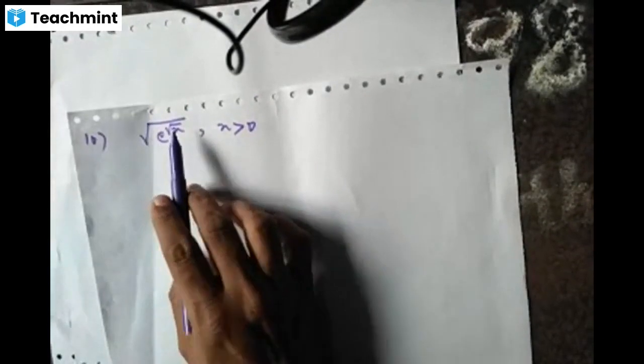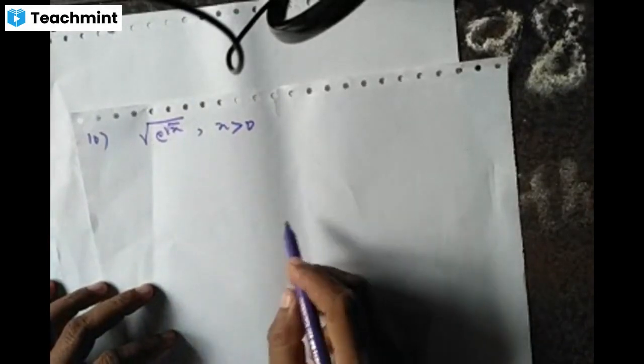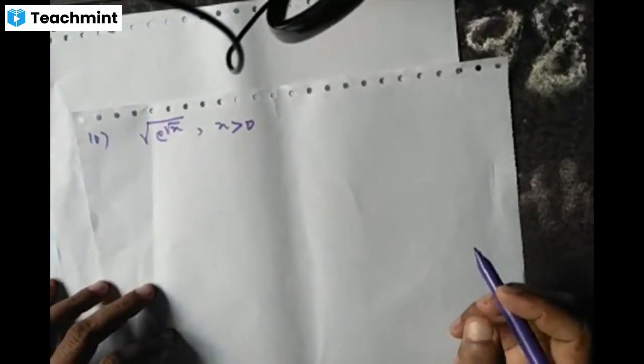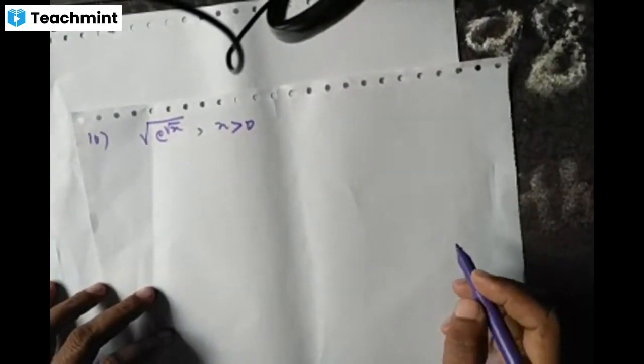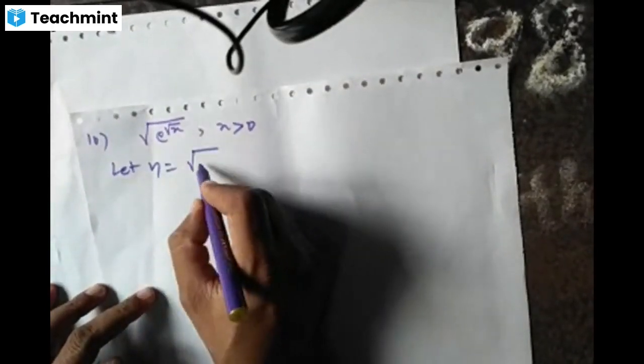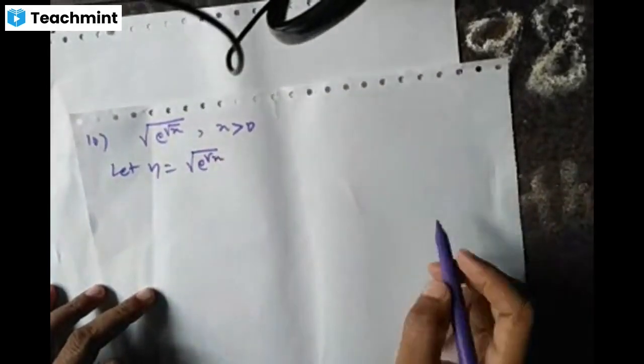Okay, this is actually a composition of three functions. One is root x, another one is e^x, and again the third function is root x. You have to use the extension of chain rule to find its derivative. Okay, so first let us take the function as y. Let y be equal to square root of e^(root x).